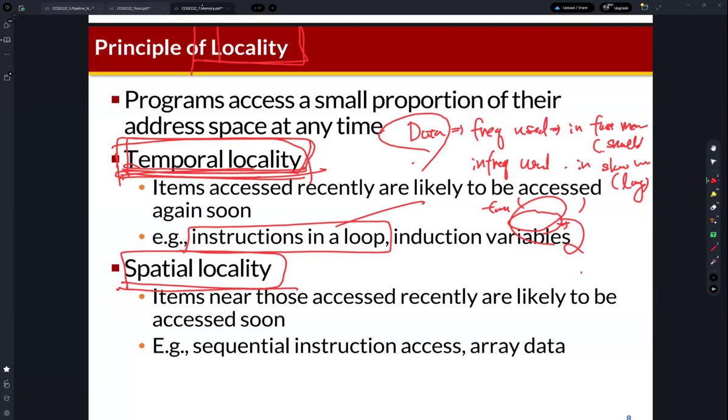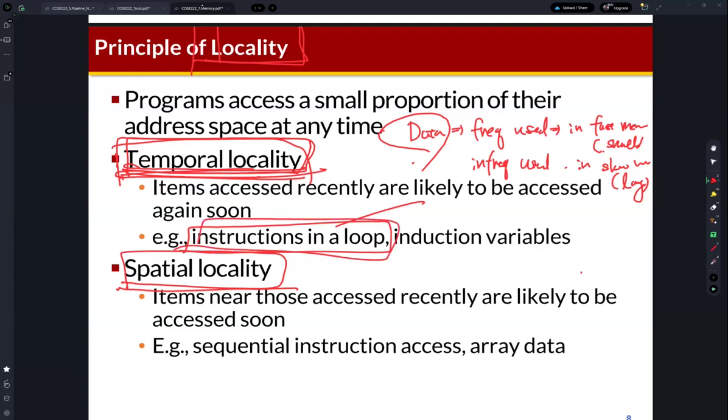Inside the iterative loop, if these instructions are accessed, then these instructions will be accessed again and again, right? So this is an example of temporal locality. I mentioned that the instructions are also data in the memory. So once certain instructions are accessed, these instructions will be accessed again and again. This is the temporal locality.